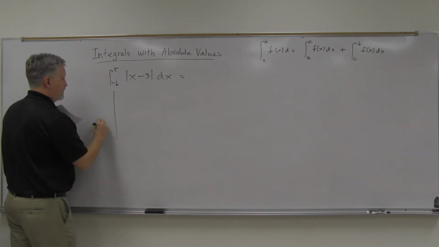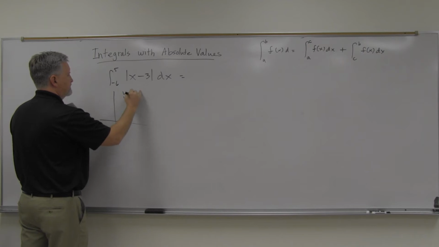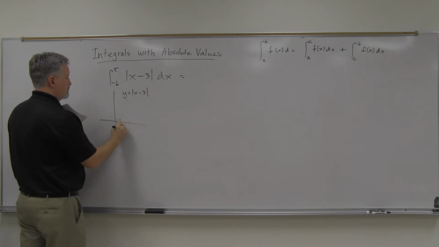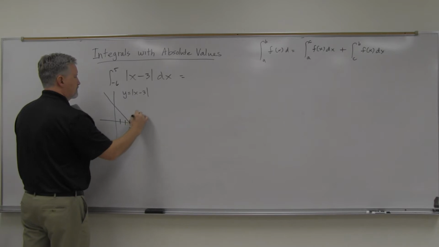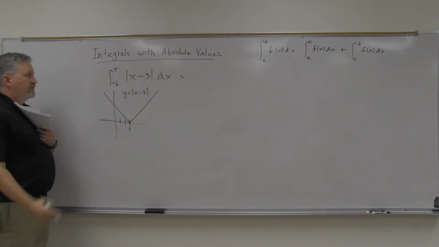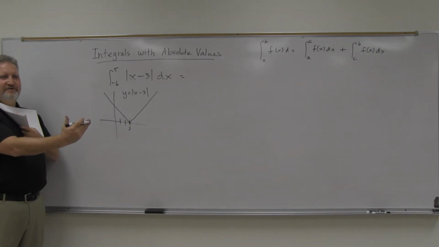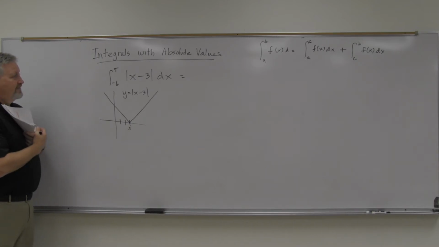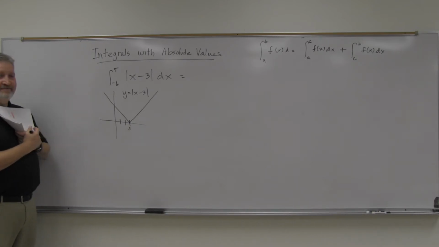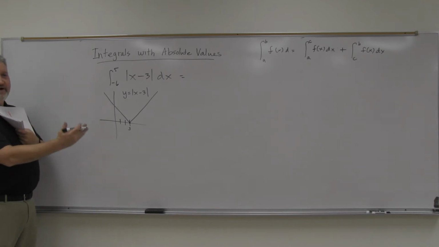Again, if you look at the graph here first, that's, of course, the absolute value shifted 3 units over, but on this one, I'm not going to break it up at 0.